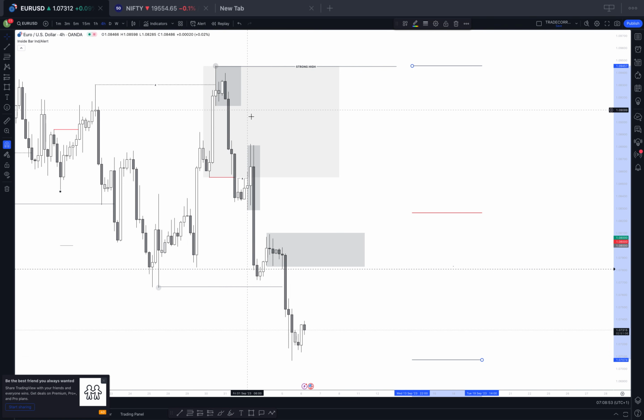And then when this is coming back here, to be very honest, I'm going to still wait for an inducement to build up here to take this. Although some people might use this as an inducement for this leg. It depends on your trade plan, but for me, I'll still wait for a pullback inducement, because this zone caused this break of character, and this caused this change of character, and on this whole leg there is no sort of inducement.